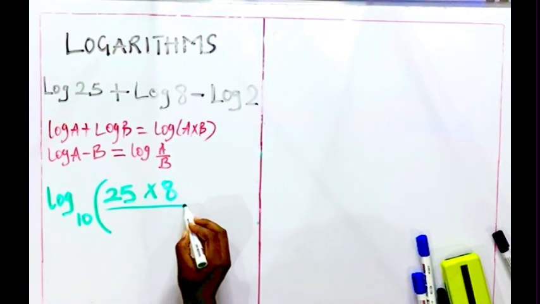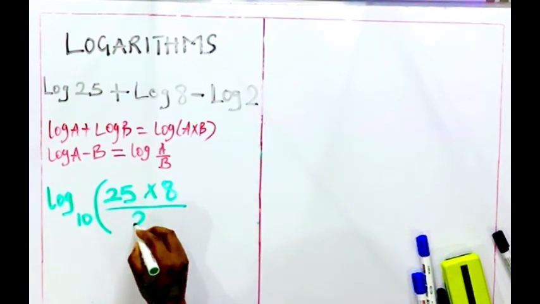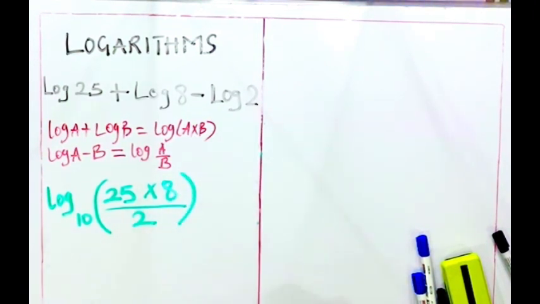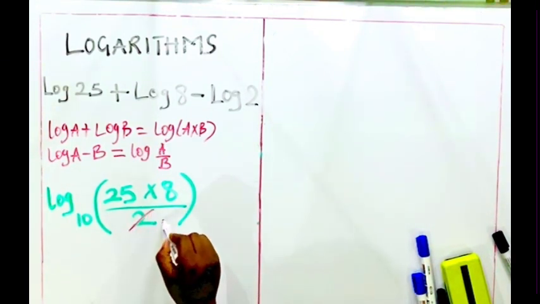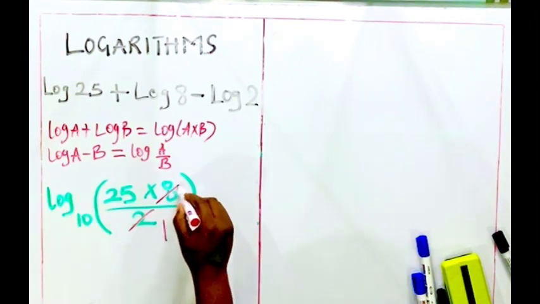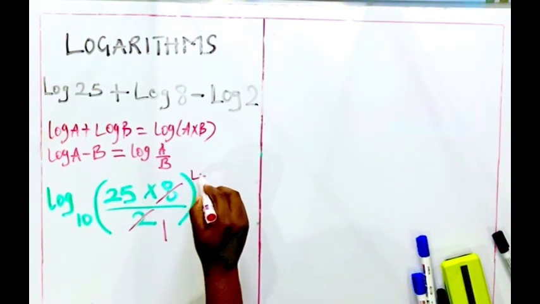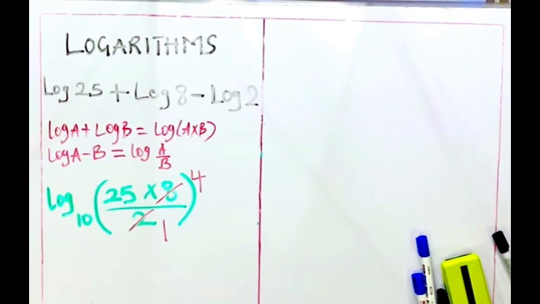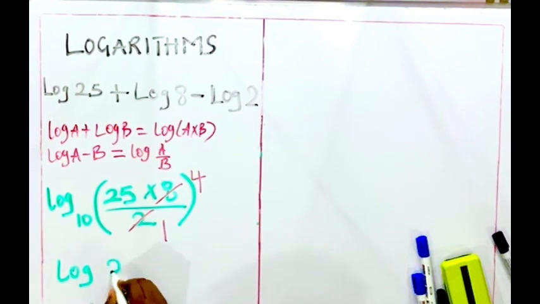Remember that the minus sign changes to division. This is over 2. You close the bracket. 2 divided by 2 is 1. 8 divided by 2 is 4. What you have left is log 25 times 4 to base 10.